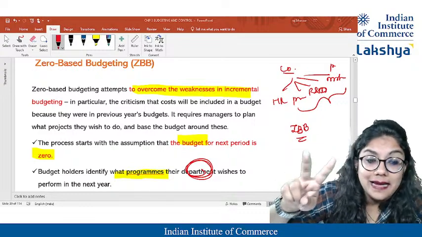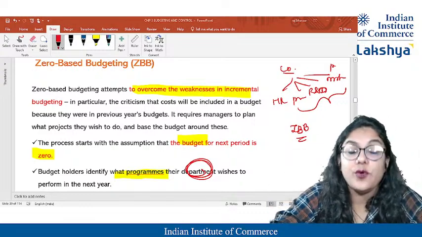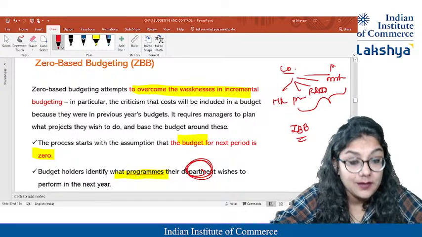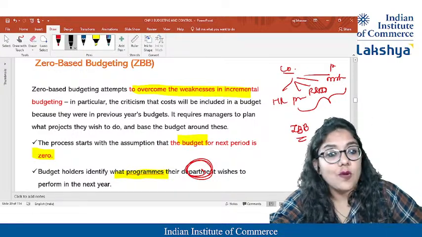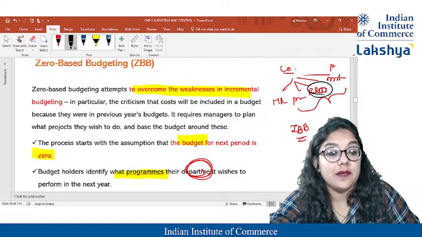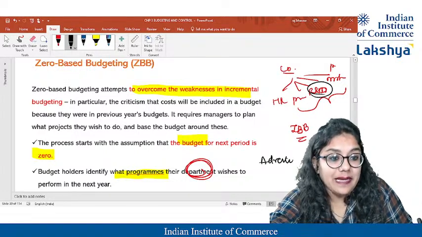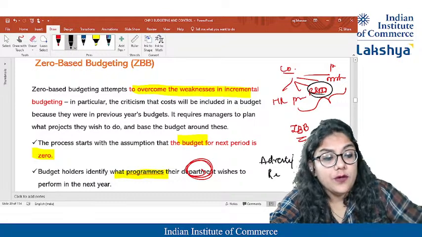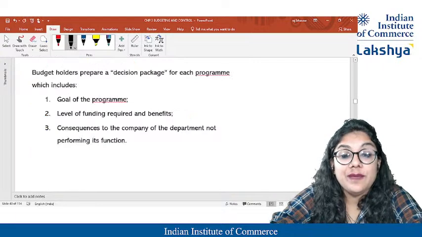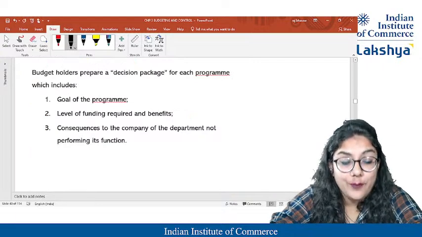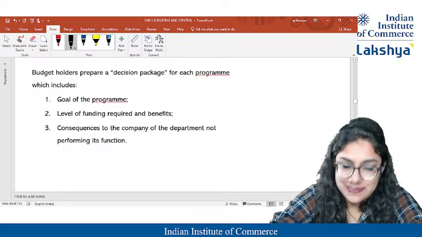So allocate a rank to show which is more of a priority to budget. And this normally happens in areas like research and development, advertising, research, where we don't understand. Maybe in the previous year we did or not, I don't know. So maybe in all this, it's highly important to do the zero-based budgeting.